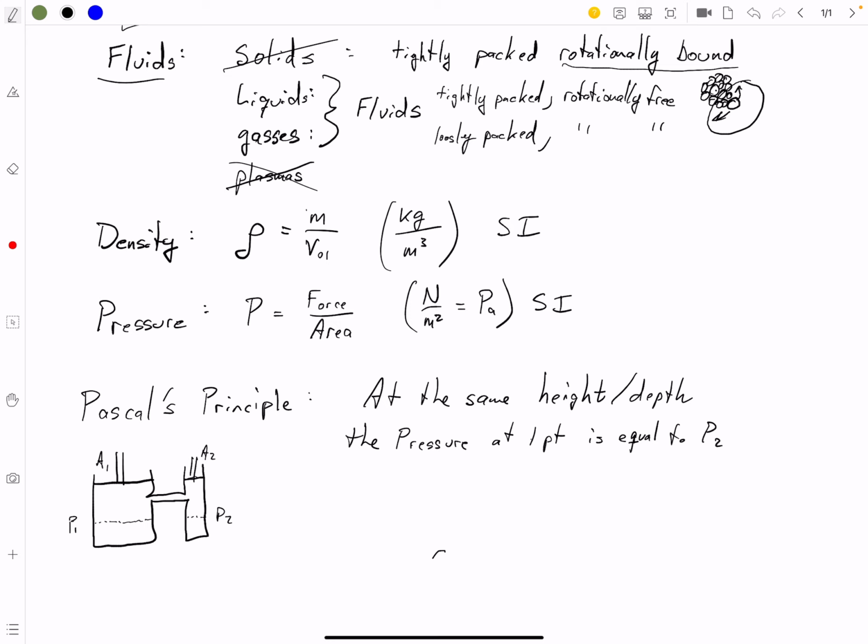But these are connected. They have to be connected volumes of fluid. So P1 equals F1 over A1, and of course that equals P2, which is equal to F2 over A2.